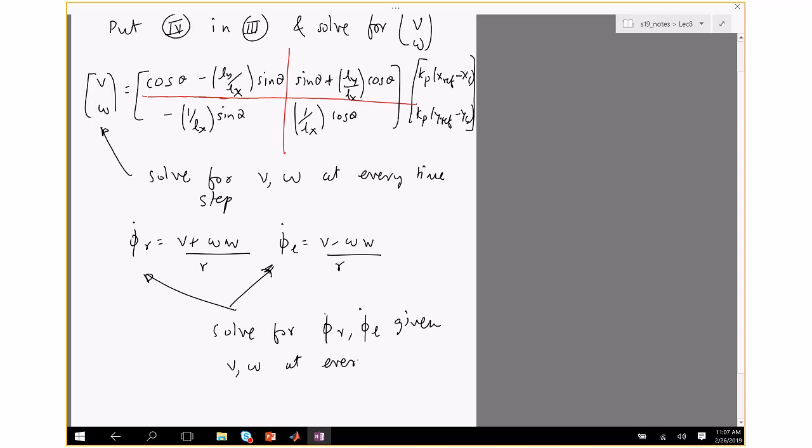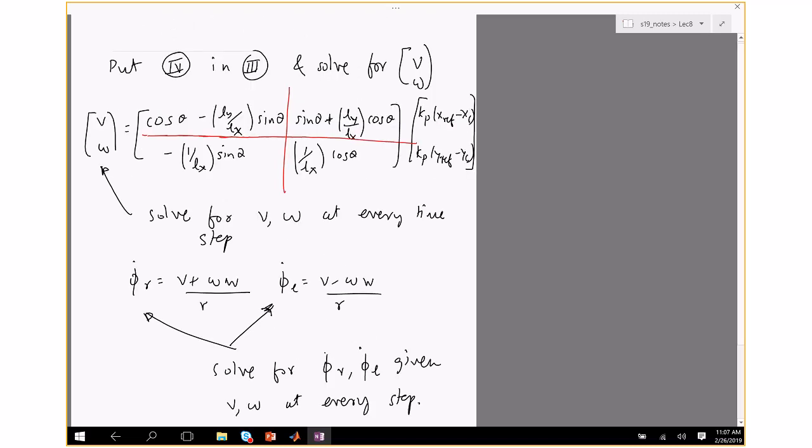So what we're doing at every time step is we are first solving for v, omega, which are related to the speed of the left and right wheel. And if you do that, essentially the equation, the one equation you want to make the car draw is this equation.